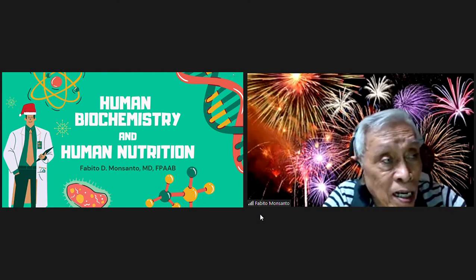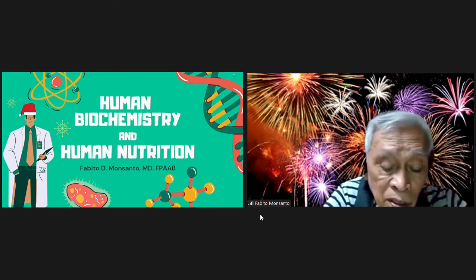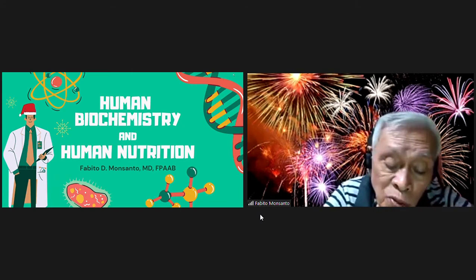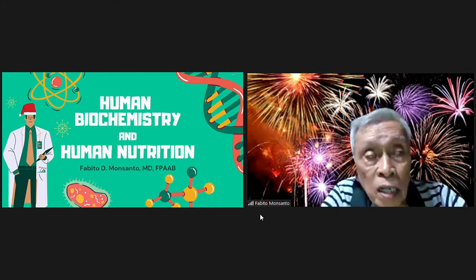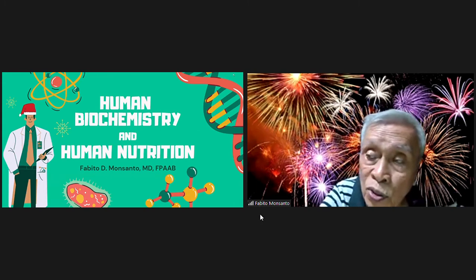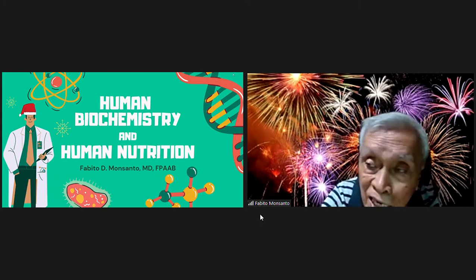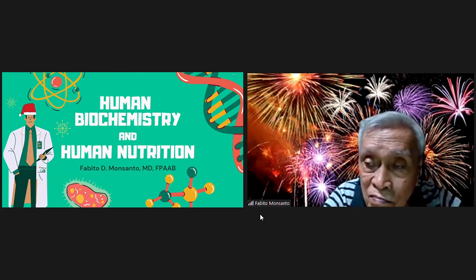Now, what about epimers? Epimers are still stereoisomers that differ in the position of the substituent groups at only one carbon atom. Like for example, glucose and galactose are epimers in relation to the fourth carbon atom. No?